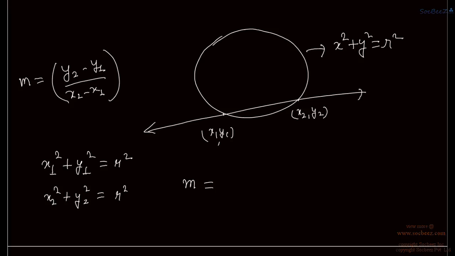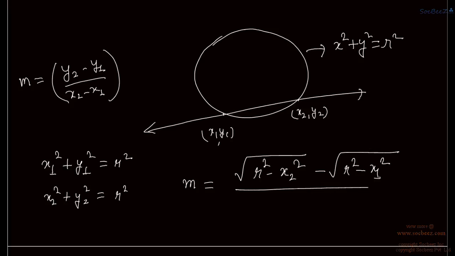So the slope can be written with y2 as √(r² − x2²) minus y1, which is √(r² − x1²), upon x2 − x1. So this is the slope of the chord of the circle, right?